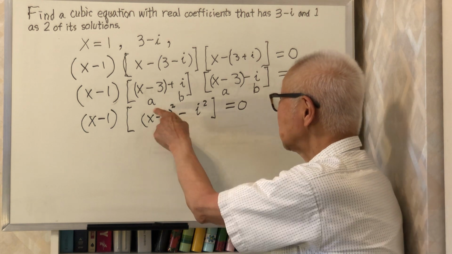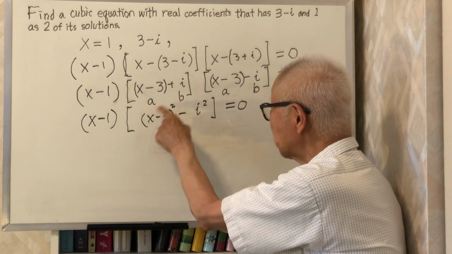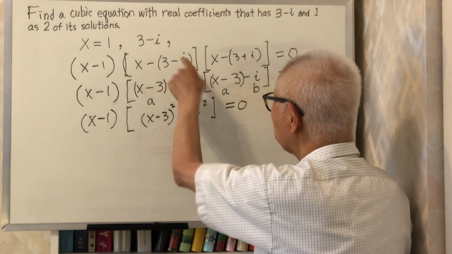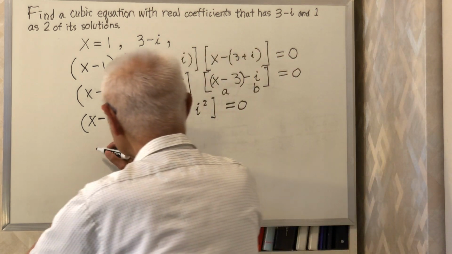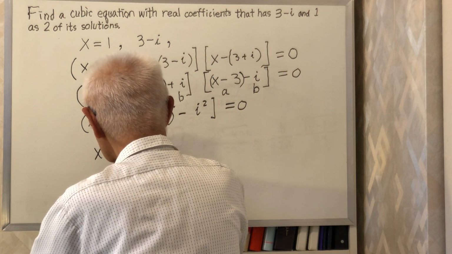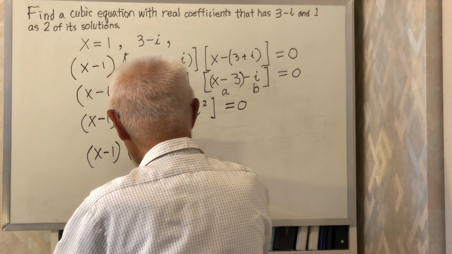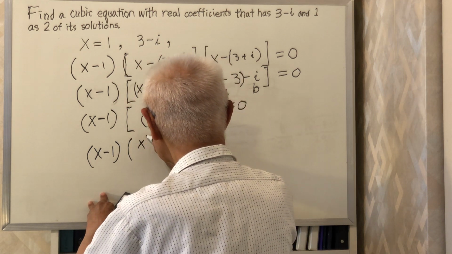That's (a plus b) times (a minus b), so it's a squared minus b squared. This is easier instead of multiplying so many terms. So I do that. x minus 3 bracket squared.